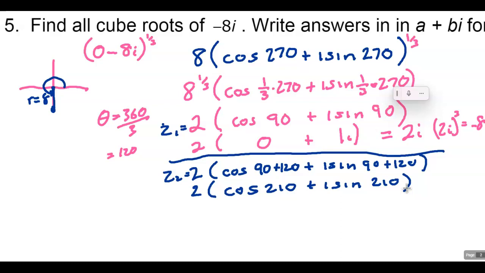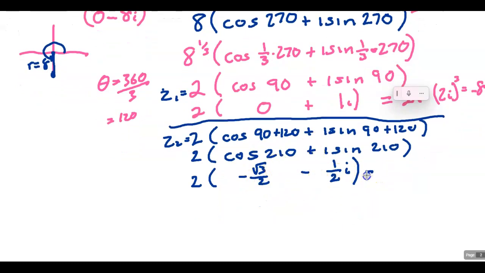All right, and just know your unit circle, and we have negative root 3 over 2 minus 1/2 i. And this will equal, multiply them together, these 2's cancel out, so we'll have negative root 3 minus 2i. And that will be our second root.